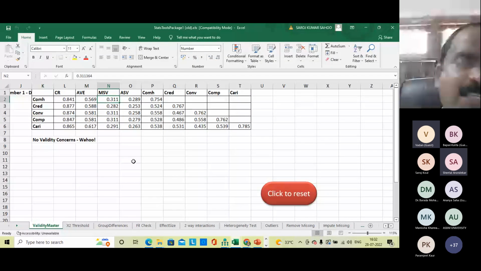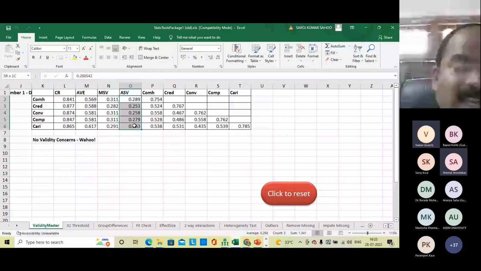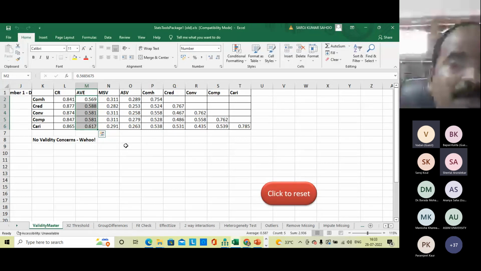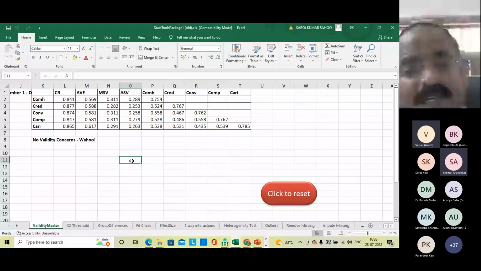Two things you need to see simultaneously: average shared variance must be less than the MSV and less than the AVE. That is the reason I explained MSV first. Now I am explaining ASV. Average shared variance must be less than the respective MSV values and less than the respective AVE value. This is one of the criteria of discriminant validity, so it is proven.